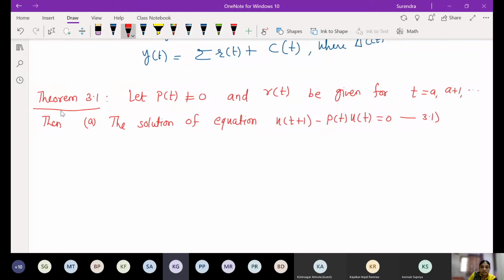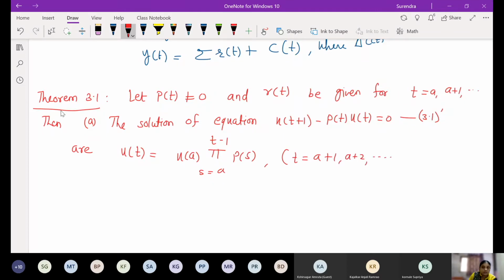It is 3.1 dash, homogeneous. It is given by u t is equal to u at a times the product s equal to a to t minus 1 of p of s, where t is equal to a plus 1, a plus 2 and so on.